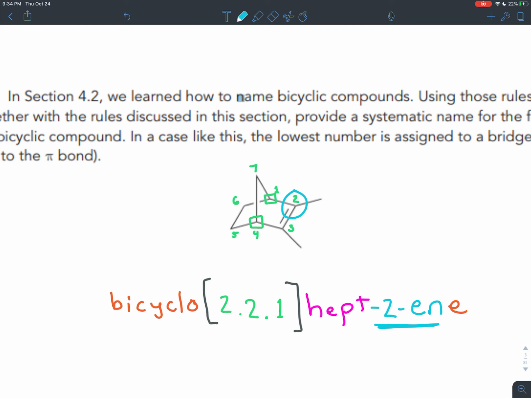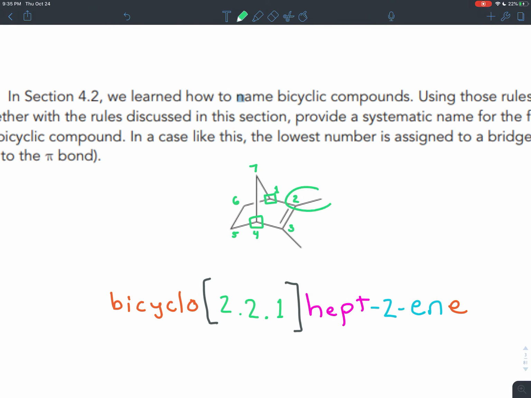Always between numbers and letters goes those dashes. So you could have it hept-2-ene. And that says that the double bond starts on carbon number 2. So the backbone for this would be bicyclo[2.2.1]hept-2-ene. So now we would just have to worry about the branches.